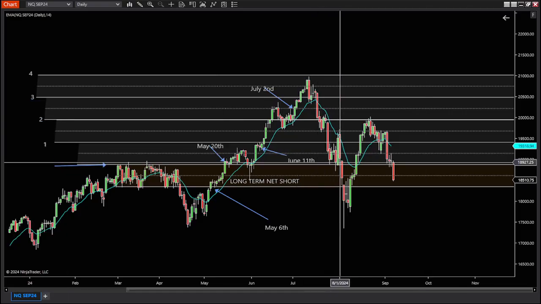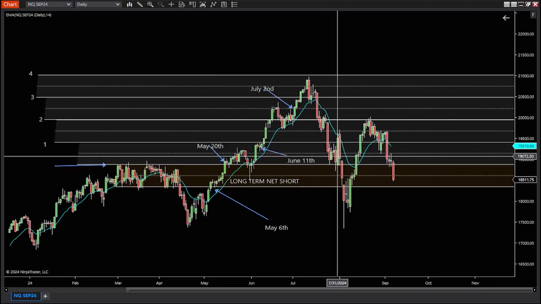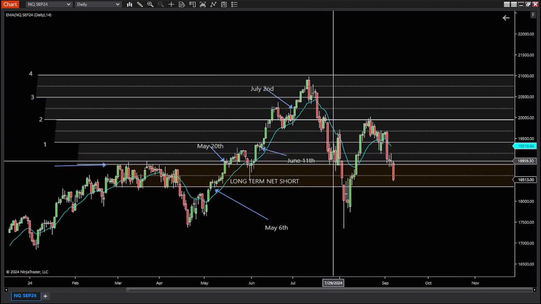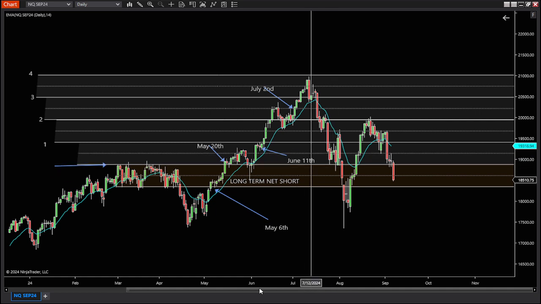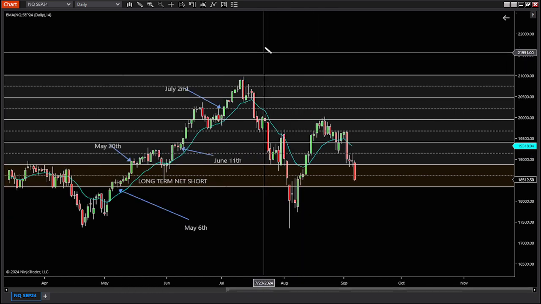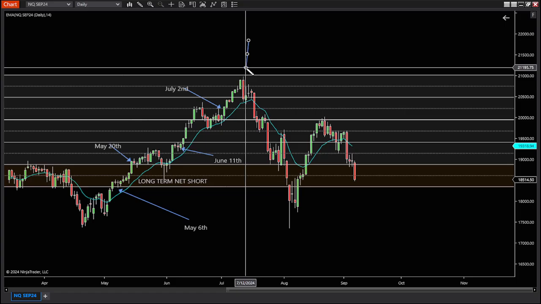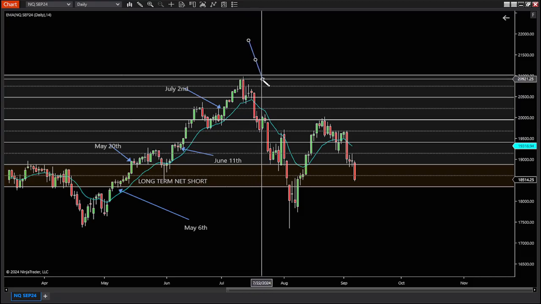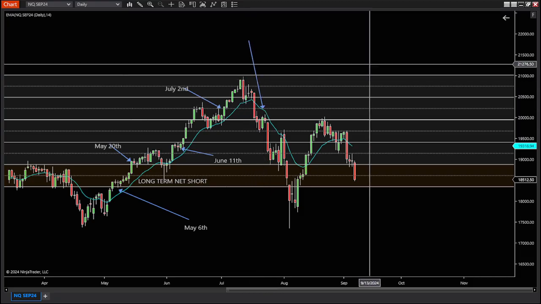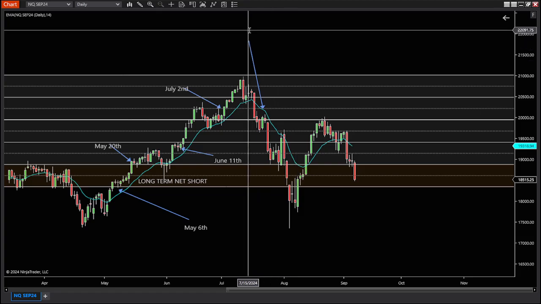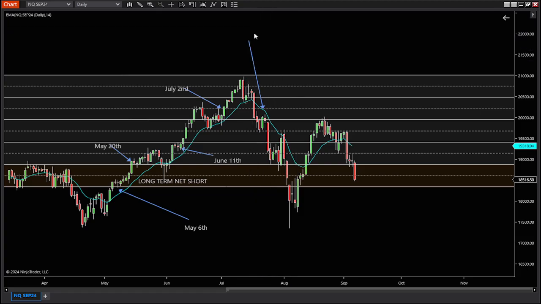So they started adding longs where? Right at cost basis. What does that mean? So they are still net short all the way to July 23rd. So they are net short all the way here. They are still net short.